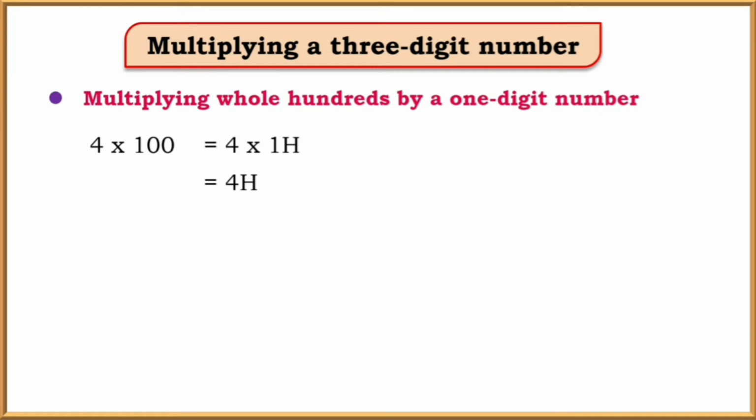And 4h means 400. Now 400 multiplied by 2. So 400 means 4h multiplied by 2. So 4h multiplied by 2 means 2 4s are 8. So 8h and 8h means 800.